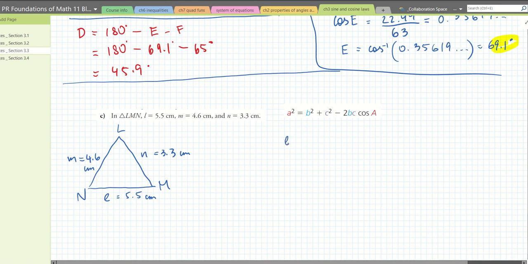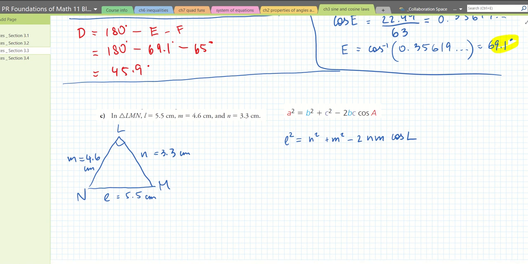I'm going to say side lowercase l squared equal to n squared plus m squared minus 2n times m times the cosine of uppercase L. Right, so that's going to be that angle right there.